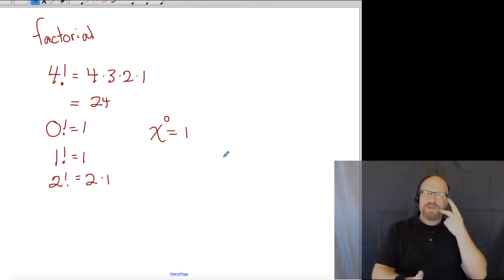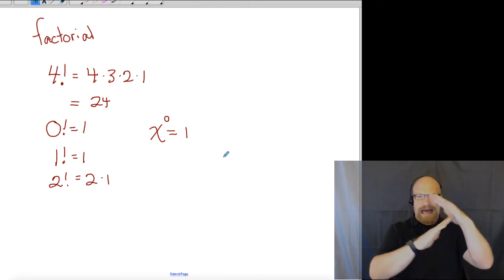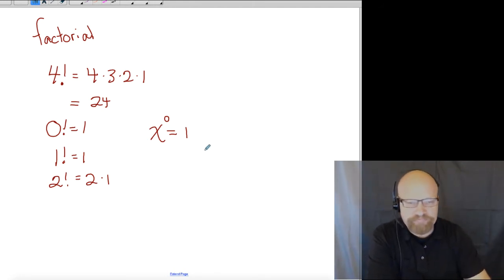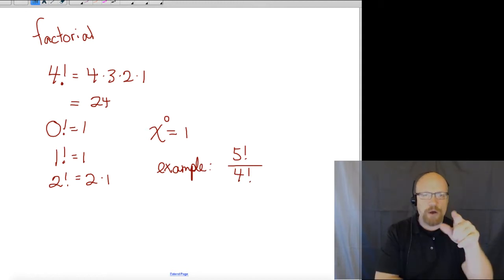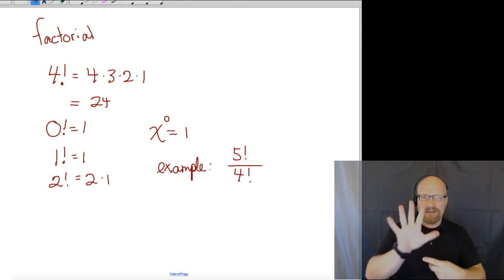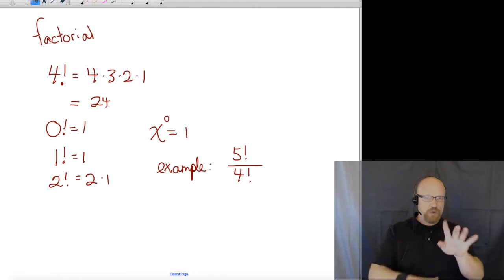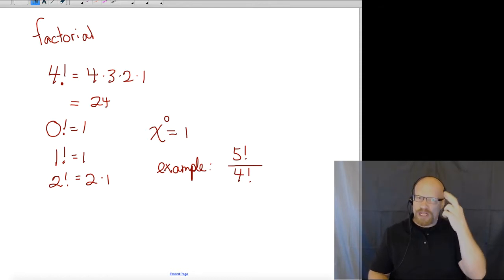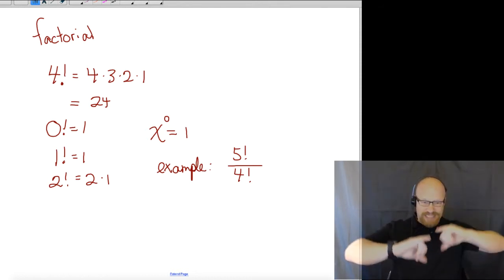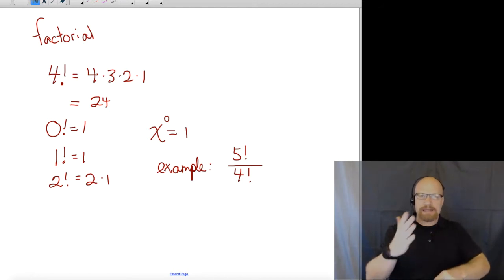Also, you will see a lot of fractions with factorial top and bottom. Now, you could do the multiplication. 5 factorial equals 120. 4 factorial, you already saw, equals 24. Then you can divide it. Or realize numbers multiply. If they're the same, you can cancel top and bottom.